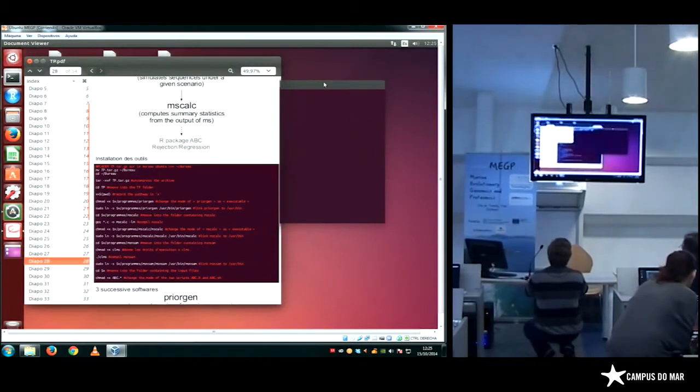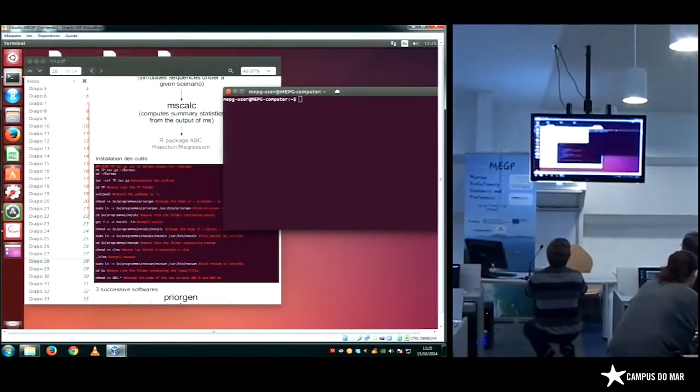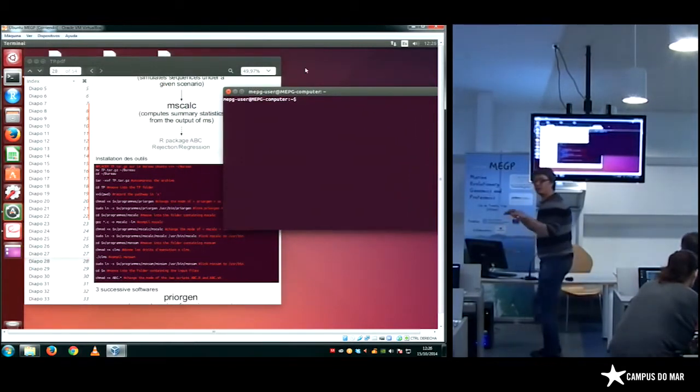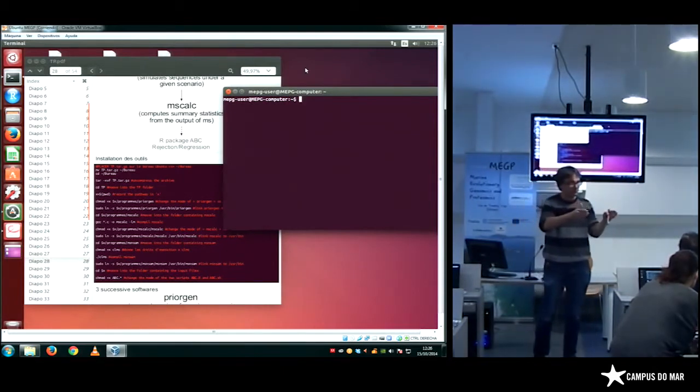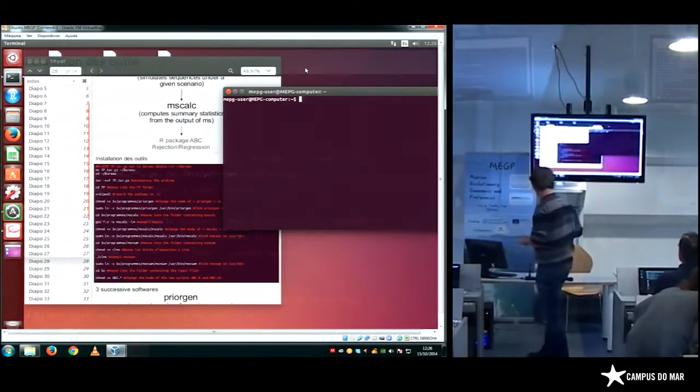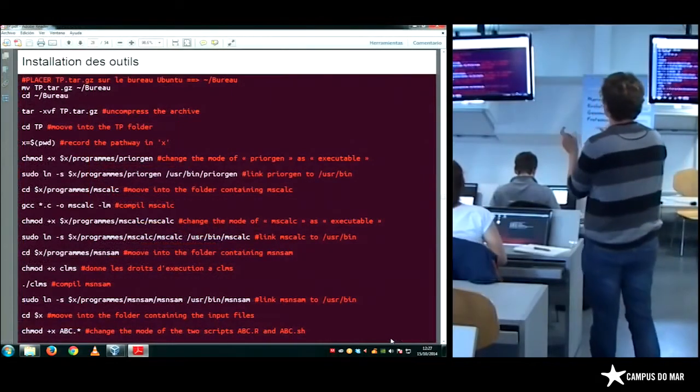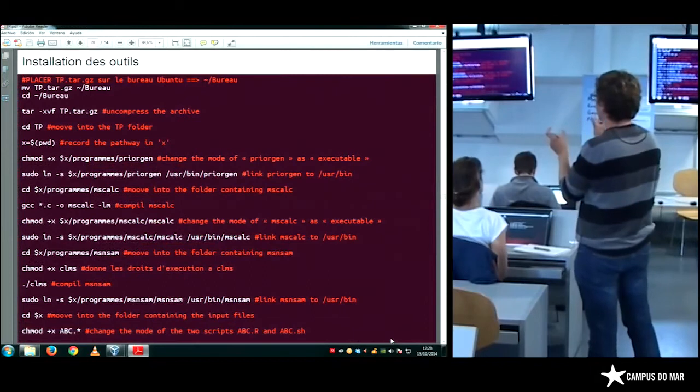And have the terminal here, so you can copy the line. Okay? You'll have on your screen the command line. So the next line is to link PriorGen with user bin.